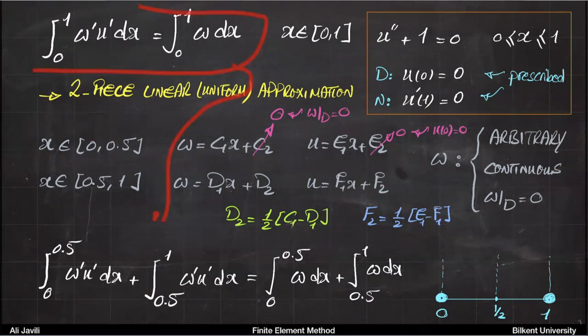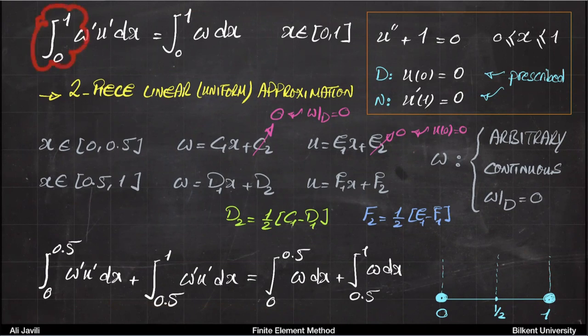And now if you use the functions u and w as you have here, this would be now your weak form down here. Okay, so this is basically splitting; we didn't do anything particular here. We just split the domain. Instead of saying that we go from 0 to 1, because it's a two-piece linear and we know these are the pieces, we just do it like this.